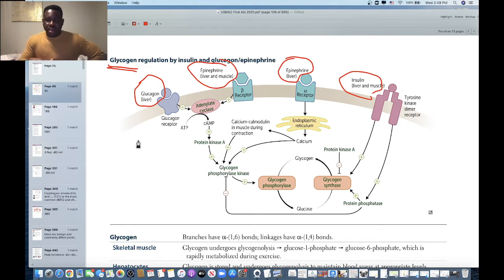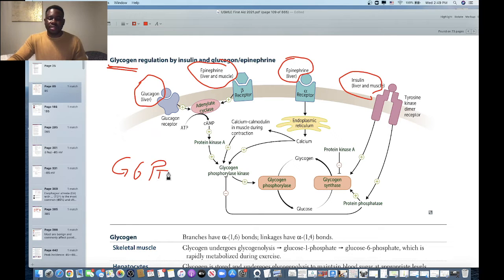The difference between them is that the liver stores glycogen, and when we need it, it releases it for all the cells in the body to use. But the muscles are selfish. They don't release their glycogen. Why? Because they lack the enzyme that does the final step of gluconeogenesis, glucose 6-phosphatase.